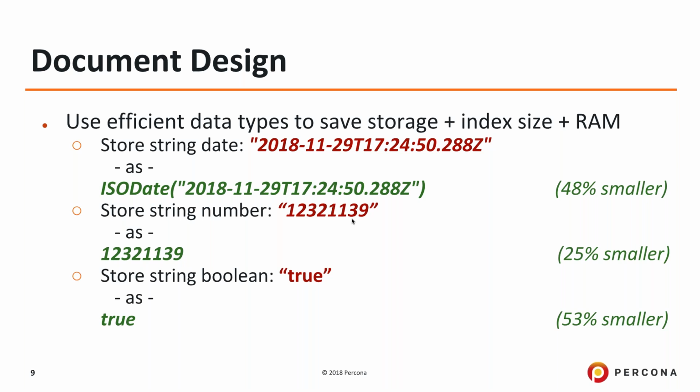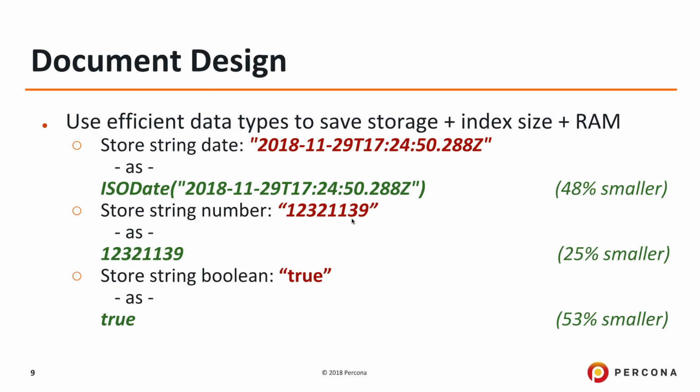If we stored that as an ISO date, which is a real timestamp date object in Mongo, that would store in 48% of the space, because strings are kind of opaque to Mongo. Mongo has an efficient way of storing dates called ISO date, which is just a type in Mongo, 48% smaller than if you're using string dates.